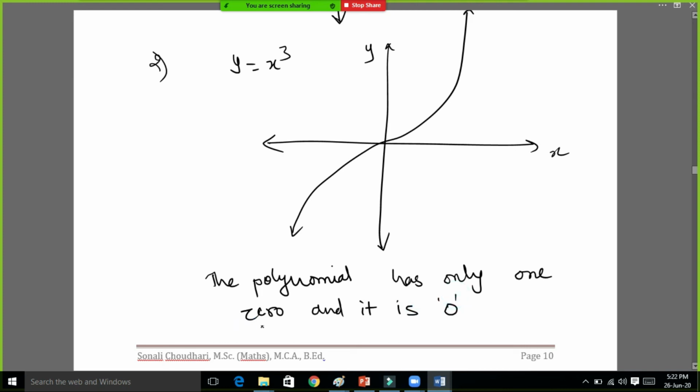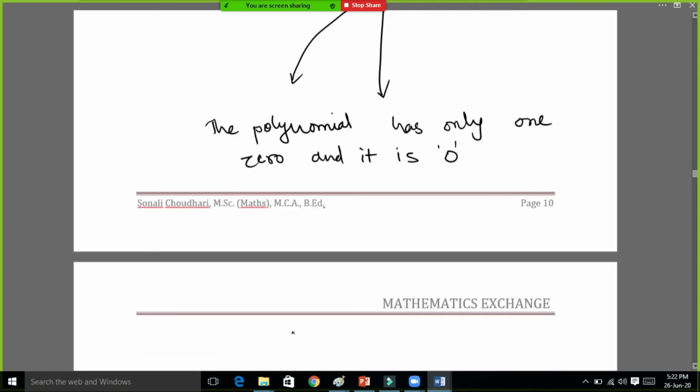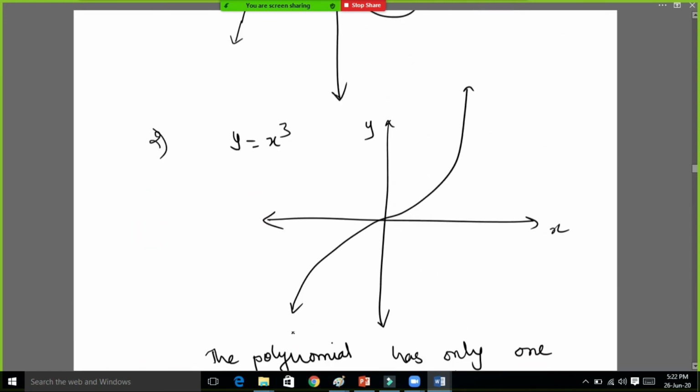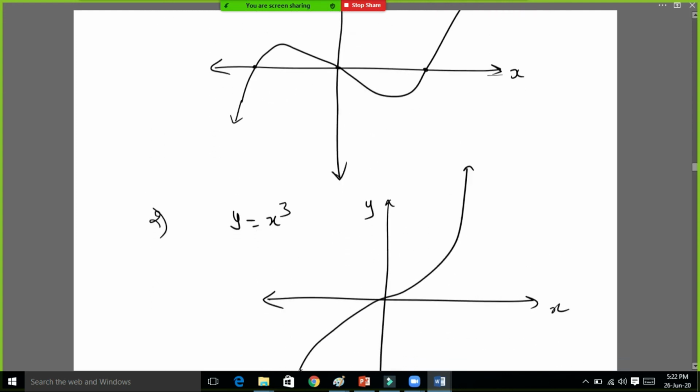So this 0 is the factor and this 0 is the value. In the case of y is equal to x cube, although it is a cubic polynomial, the graph intersects the x-axis only at the origin, so it has only 1 zero and it is 0. From this we can conclude that a cubic polynomial can have at most 3 zeros.